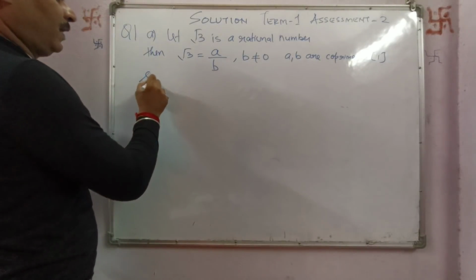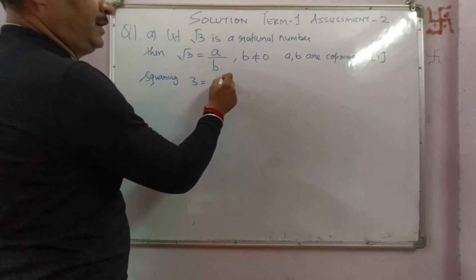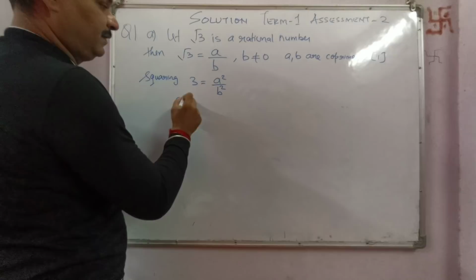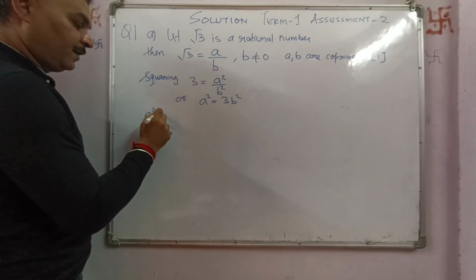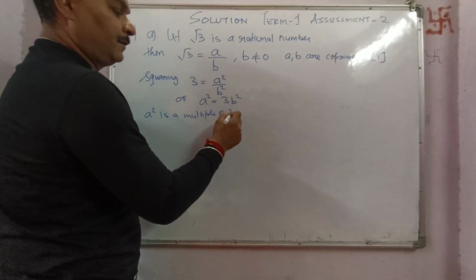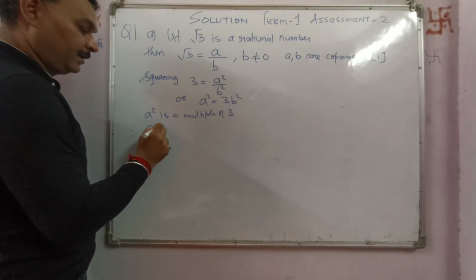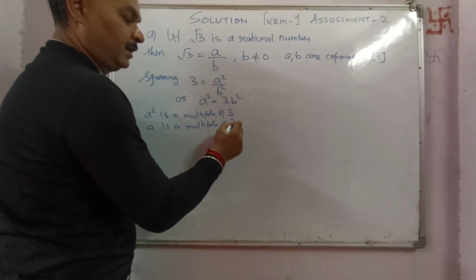Then squaring, 3 is equal to a square by b square, or we say a square is equal to 3 times b square. A square is a multiple of 3, therefore a is a multiple of 3.